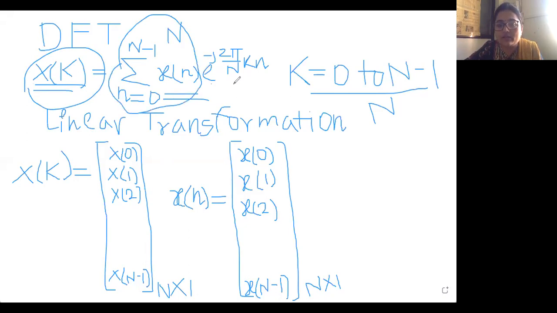Then we have to work with the exponential part. What is the exponential part? I will write here e raised to minus j 2 pi upon capital N into kn. Here we have introduced one factor called the W factor.